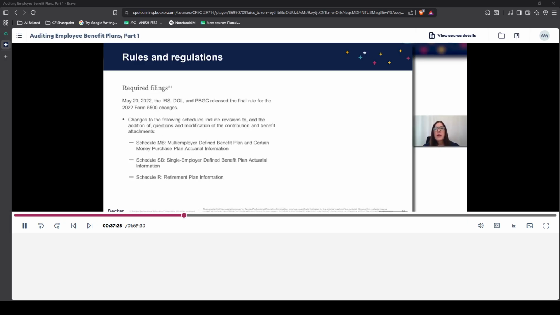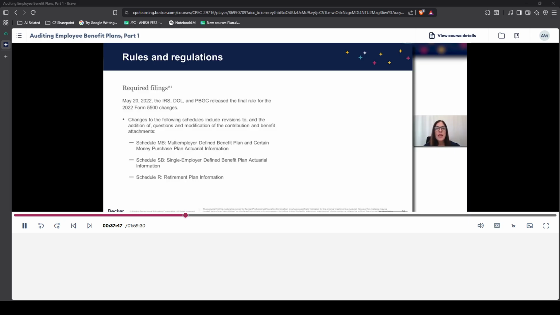Now, for these employee benefit plans, I've already mentioned a couple of times the audit and reporting requirements. Those plans that are subject to ERISA do have to file a Form 5500 annually. And typically each year there are some minor changes, some more significant than others depending on the year.